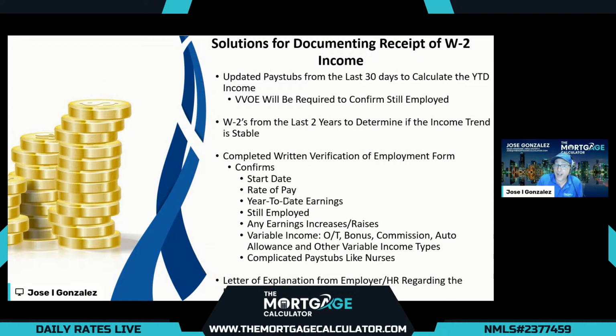A CDFI loan, which is a no income verification type loan for primary and second homes, right? Which is totally different from a DSCR, which is for an investment property only. So the CDFI option that we have is the only no income verification loan out there for primary homes.